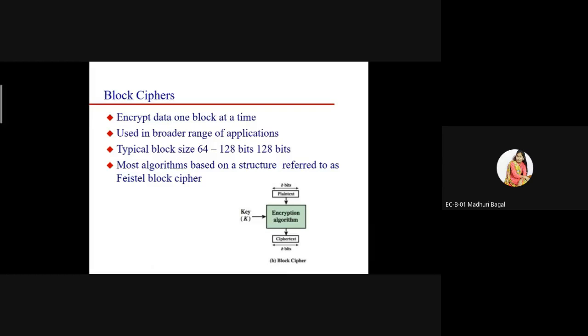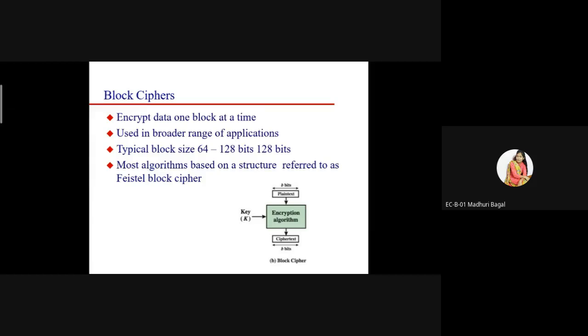So the concept of block cipher is that if the information is more, we split the information into small blocks, and once split, we can mention a key to each block. Based on that key, the message can be encrypted, and at the receiver side, the message is also decrypted. So it is the concept of block cipher.